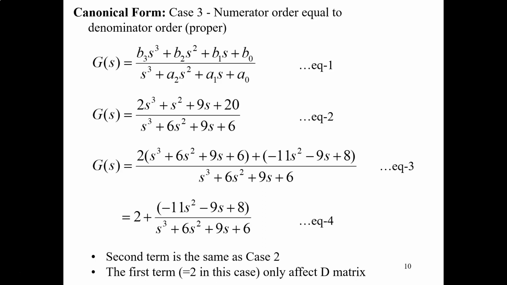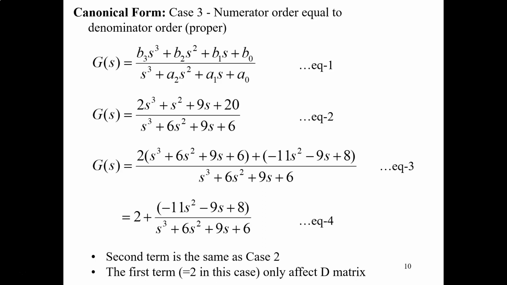You basically find the differential equation first, and then select the three states: one is y, the second is y dot, and the third is y double dot, because for a third order system we need three states. And then you find a relationship between them.